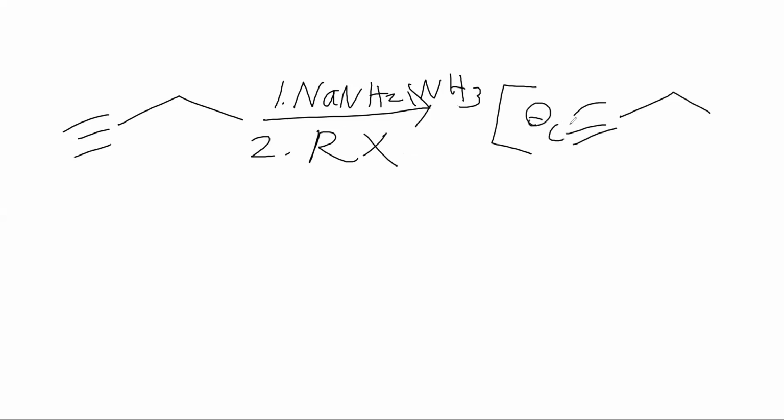So it forms a carbanion. That's step one. And then step two is just adding whatever that alkyl chain is to the carbon here. So it forms a new carbon-carbon bond. And I have some examples of that on the worksheet we went over at the beginning of today. So there's that.